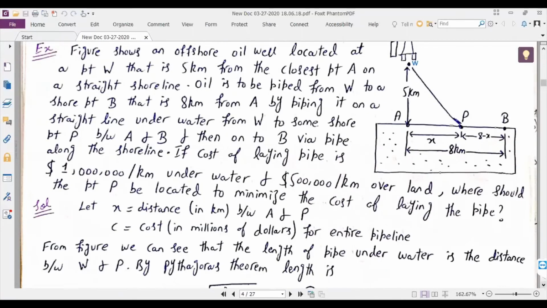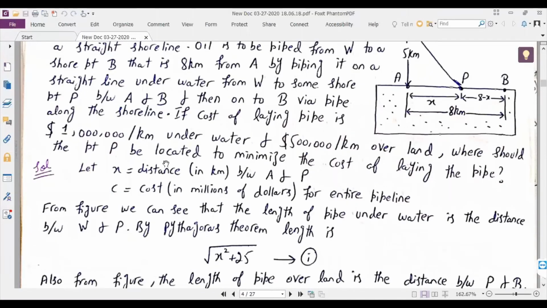Now let's start the solution. Let x be the distance between A and P, and C is the cost for the entire pipeline. From the figure we see that the length of the pipe underwater is the distance between W and P. By Pythagoras theorem, the length is under the radical x square plus 5 square, so x square plus 25.